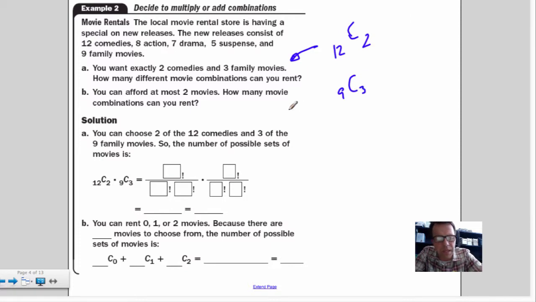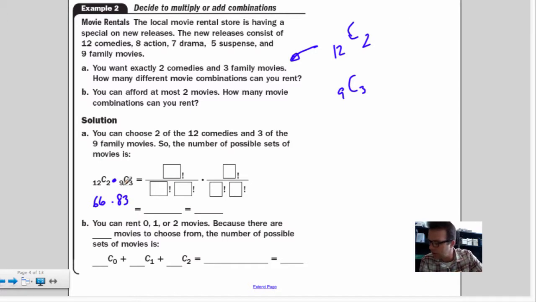And the big deal here is to know that you're multiplying those number of choices, right? So here, there are 66 different ways that you can pick 2 comedies out of 12, and there are 84 ways to pick 3 comedies out of 9.